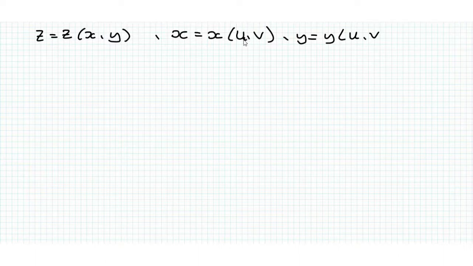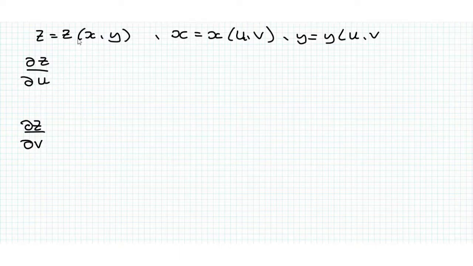So we want to know how we can find partial dz by du and partial dz by dv, and we're going to use the chain rule.